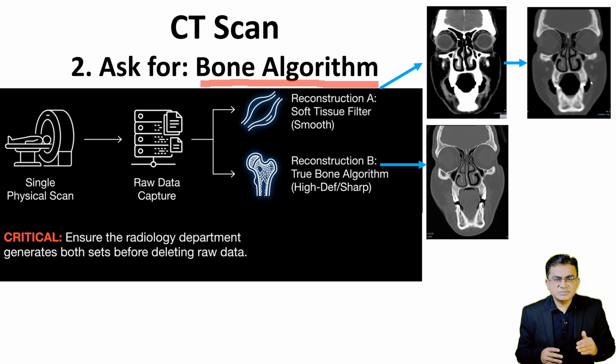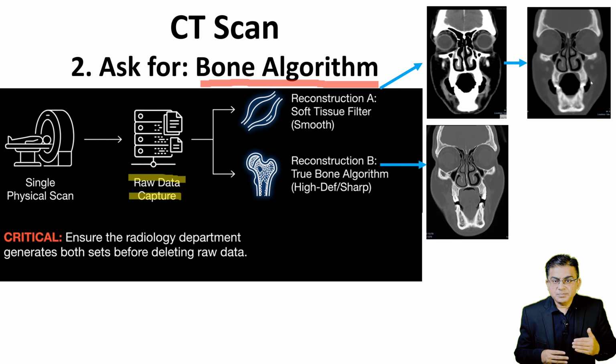Let me explain exactly how this works in simple terms. The patient gets their IV contrast, goes into the scanner and is scanned exactly one time. That single scan captures all the raw data of the head and neck region.